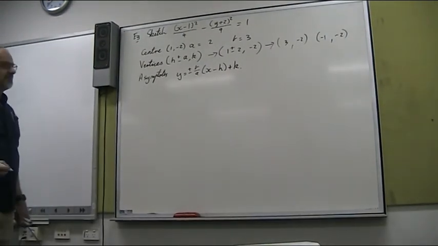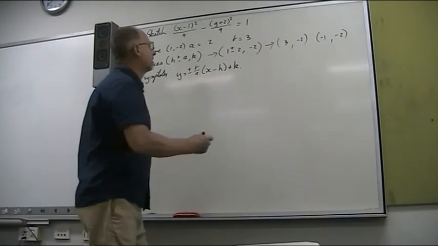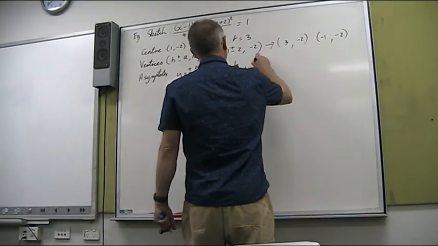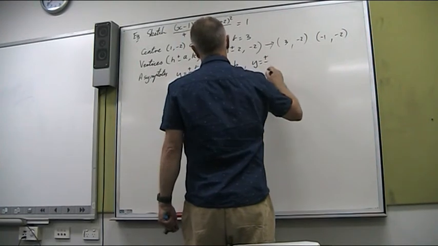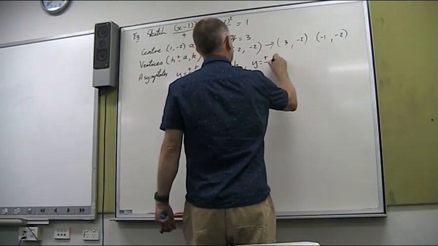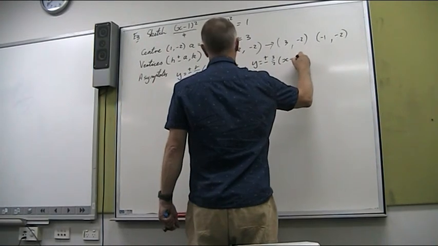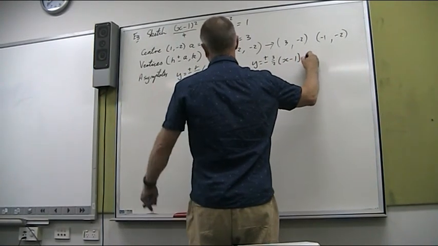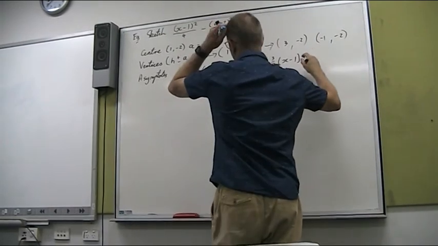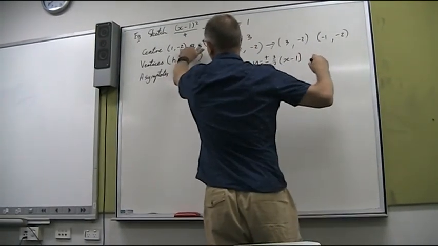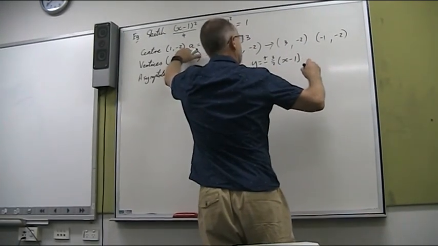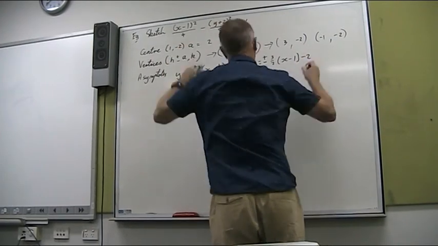So if we put in our numbers, it's y equals plus or minus b on a, so 3 over 2, x minus 1, plus k, and k is negative 2, so minus 2.